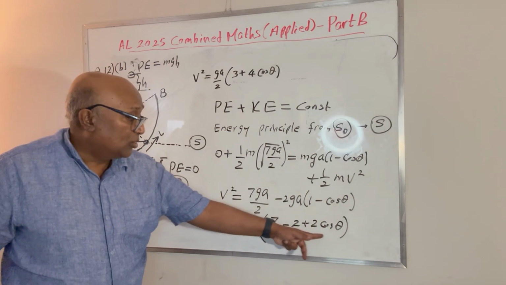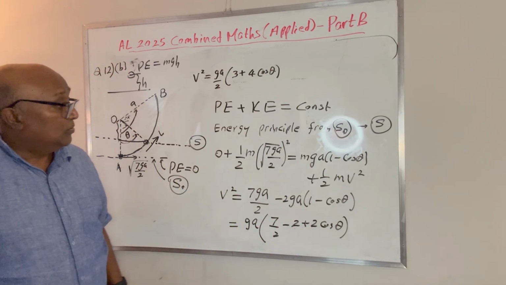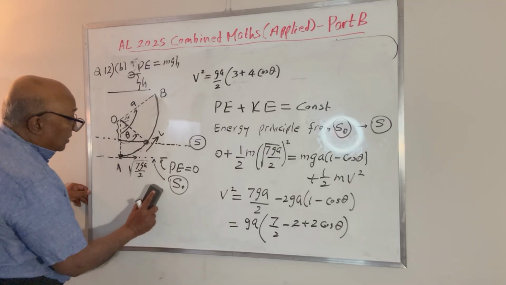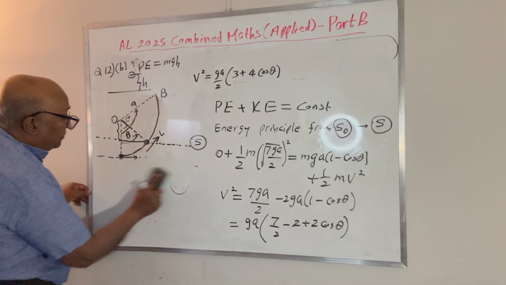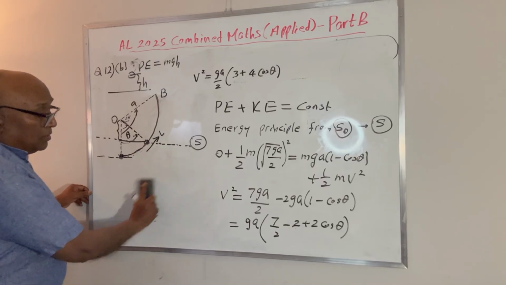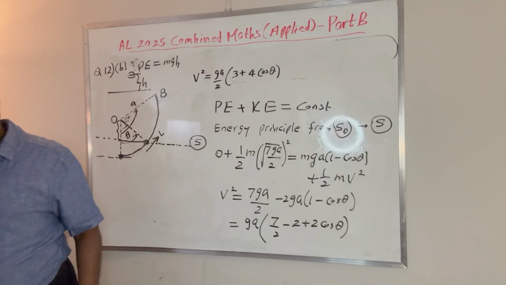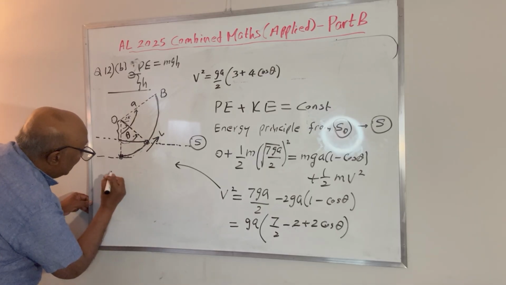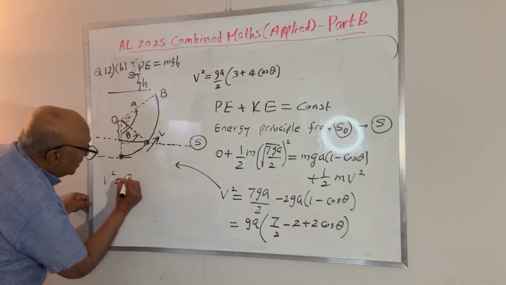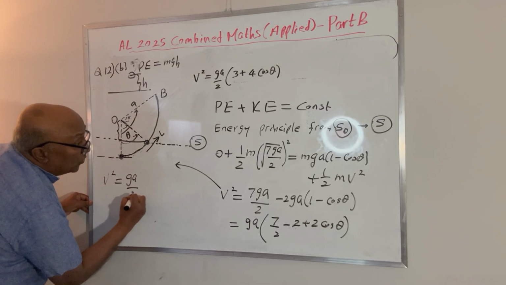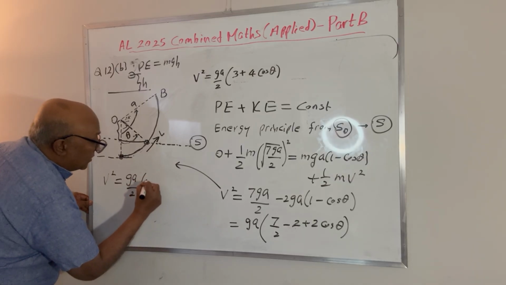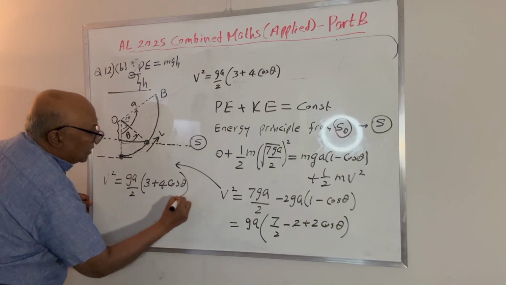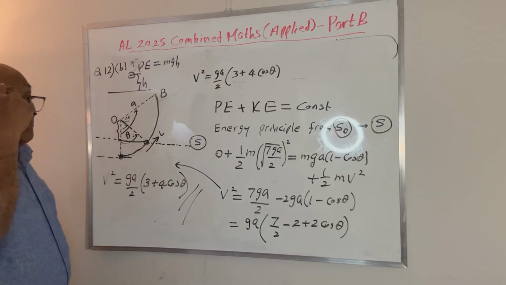You can take this as a common denominator. Once you simplify this, you get v squared equals ga upon 2 times 3 plus 4 cosine theta. This is the answer we are looking for.